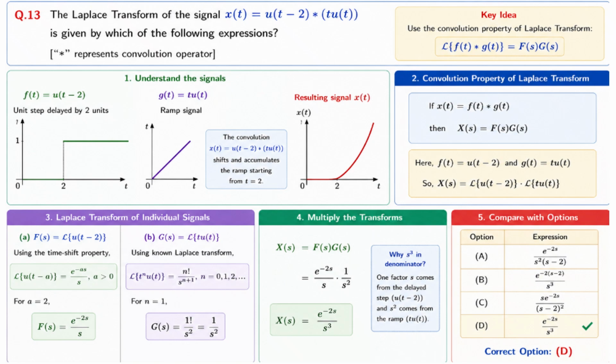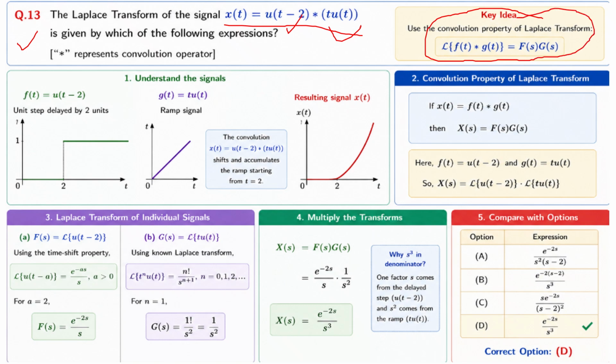Okay. We have already discussed these solutions, but let me talk about it once again so that you can understand it in a better manner. x(t) is given as t u(t) convolved with u(t minus 2). The major idea is that you have to use the convolution property.